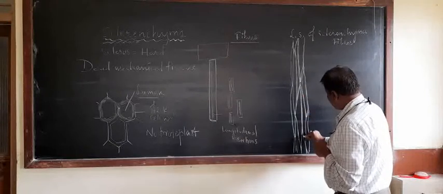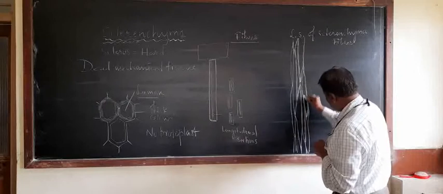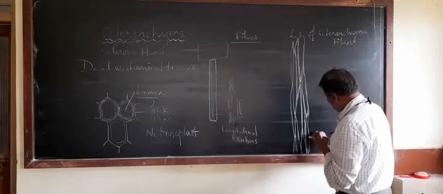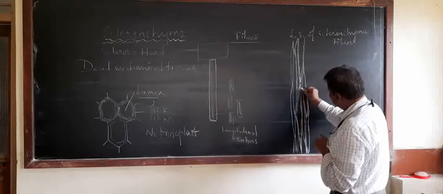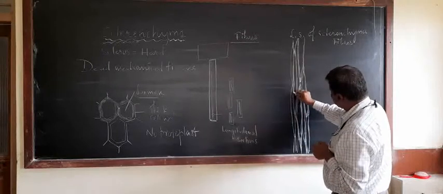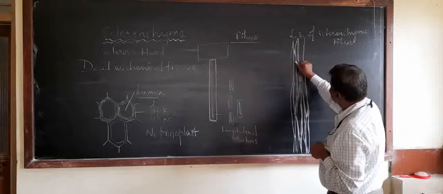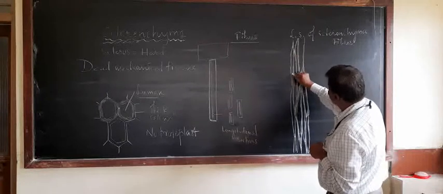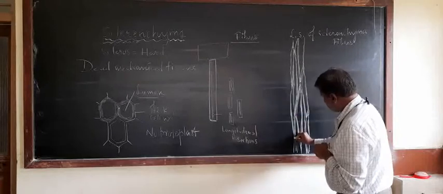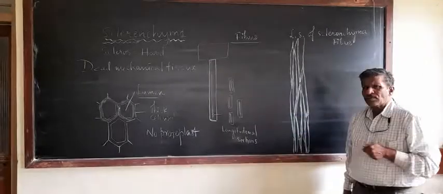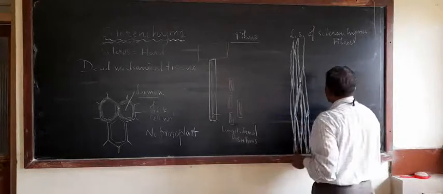The cells are more or less looking like this. And these Sclerenchyma cells are very compactly arranged. They are compactly placed.